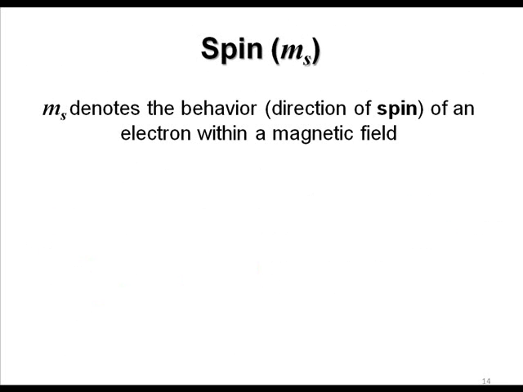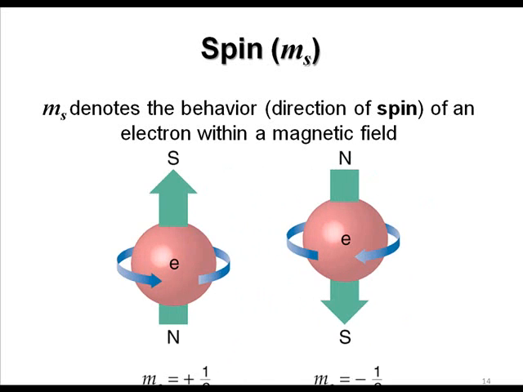Now, why is it that only 2 electrons can appear in any given orbital? And the answer is because electrons have what is referred to as a spin. The electrons are spinning, and when they spin, they become little magnets.